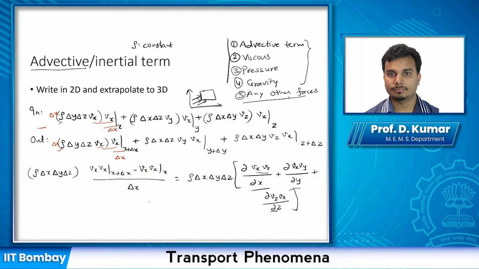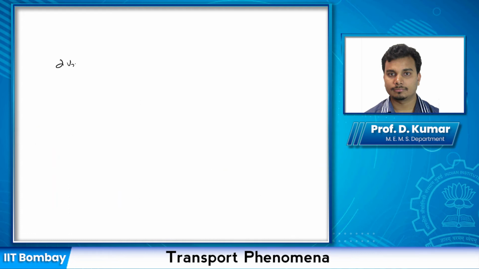So if you use the product rule here, then del vx by del x you can write as vx del vx by del x plus vx, and in this case it's a square. Similarly you will have other terms.